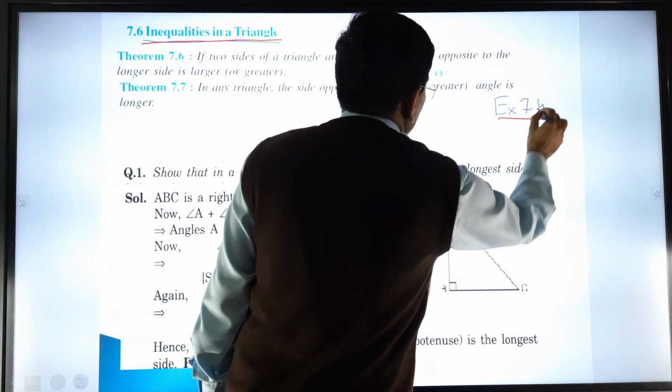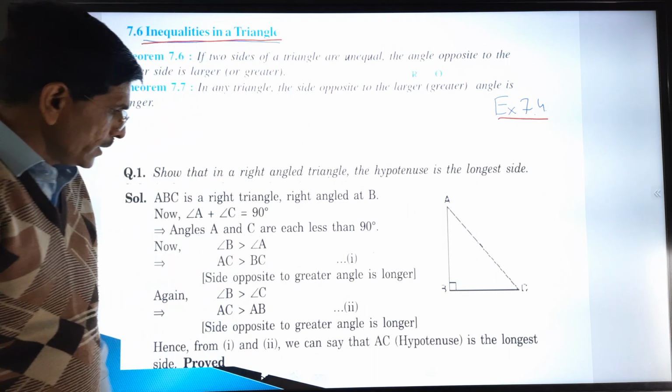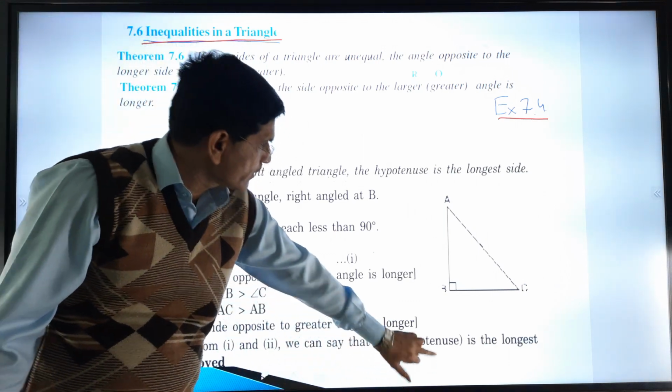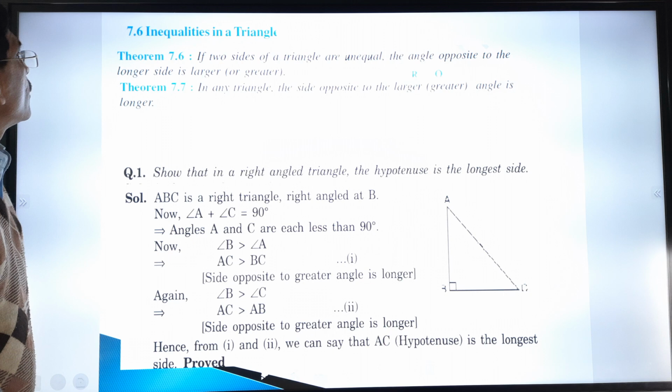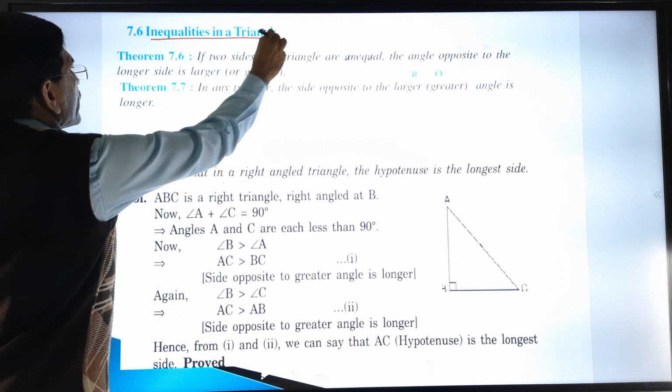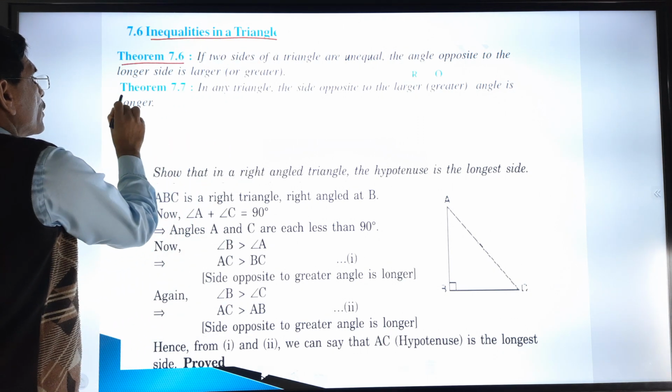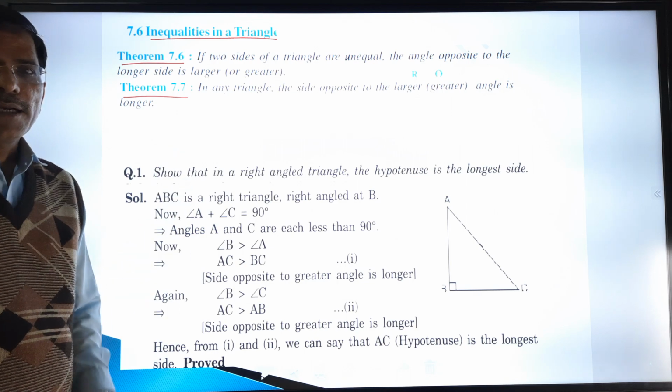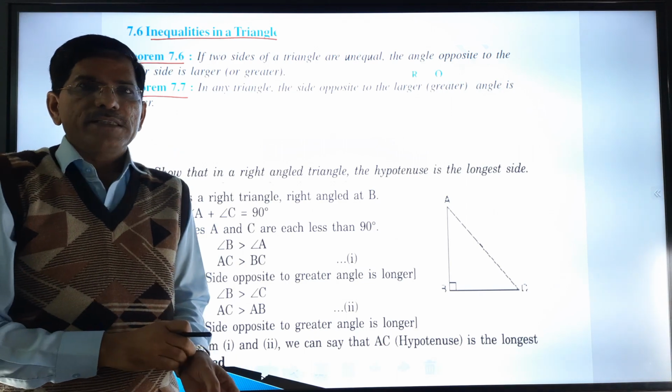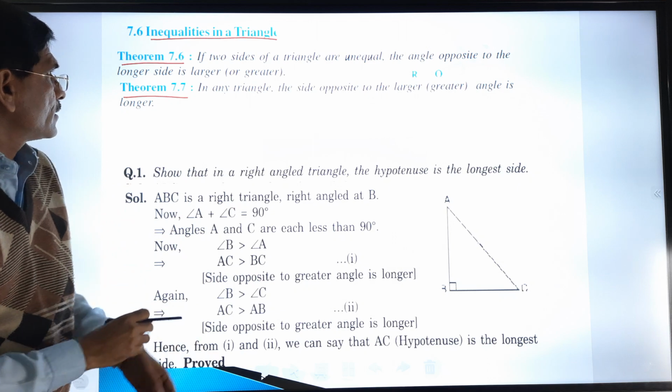So inequalities, not equalities. It is called inequalities of triangle that we want to discuss now. There are two important theorems, theorem 7.6 and 7.7.